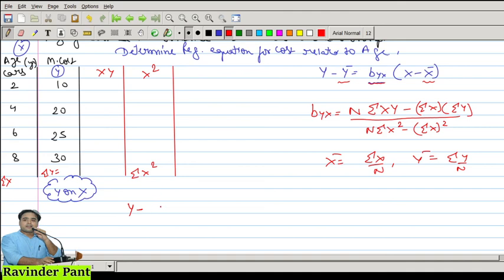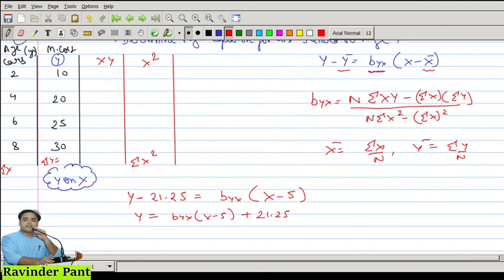So y bar is 85 divided by 4 which is your 21.25 is equal to, ये आप कैलकुलेट कर लीजिएगा, x minus x bar कितना आ रहा है, 2 plus 4, 6 plus 6, 12 plus 8, 20, 20 divided by 4, x bar is 5. ठीक है, यहां से आप y की वैल्यू निकाल सकते हैं. ये वैल्यू पता लग जाएगी.